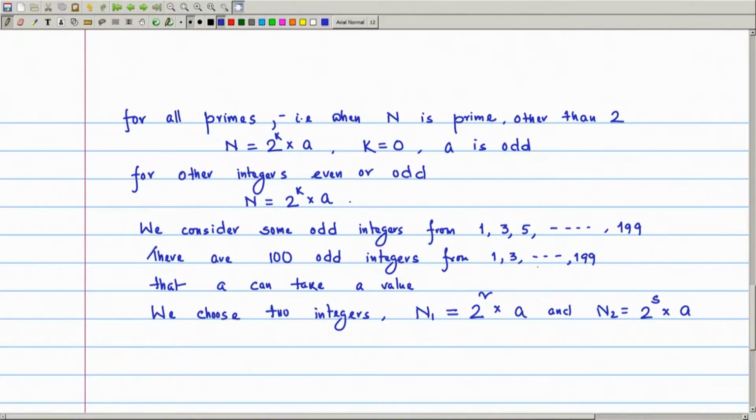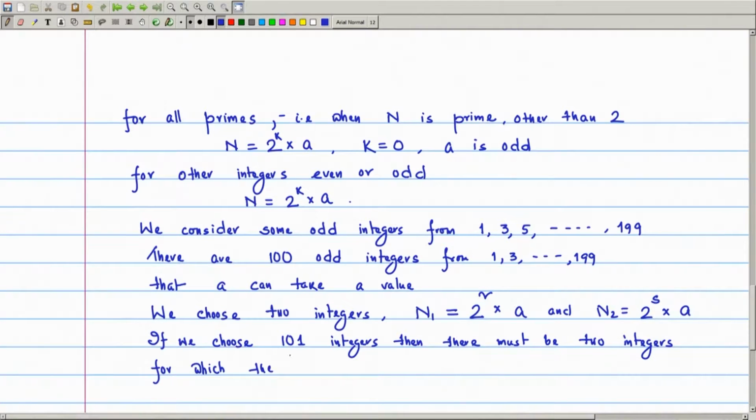Now, since there are 100 odd integers, if we choose 101 integers, then there must be two integers for which the a value is the same.